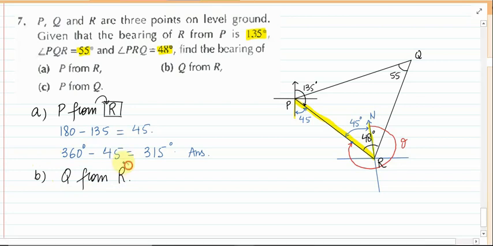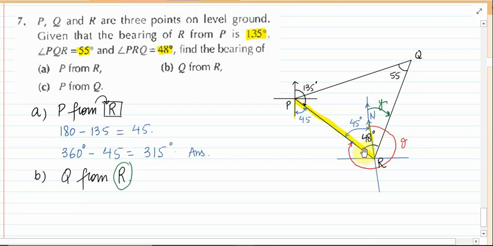So from the north of R till the point Q, let me first extend the north of R, right? So from the north of R till the line Q, let's say this angle is Y, right? Now how can you find this angle? Can you figure it out by yourself? No or yes? So I think that's a yes, you can figure it out.